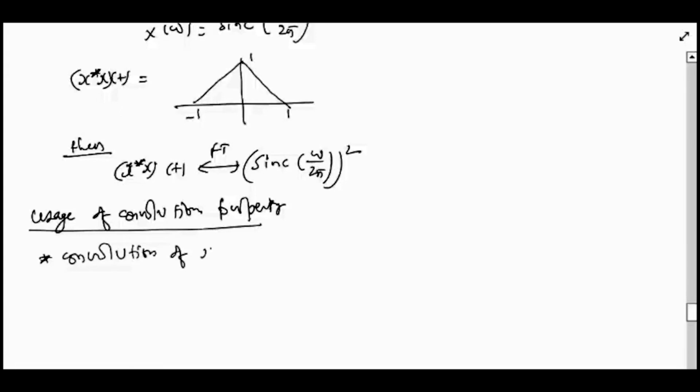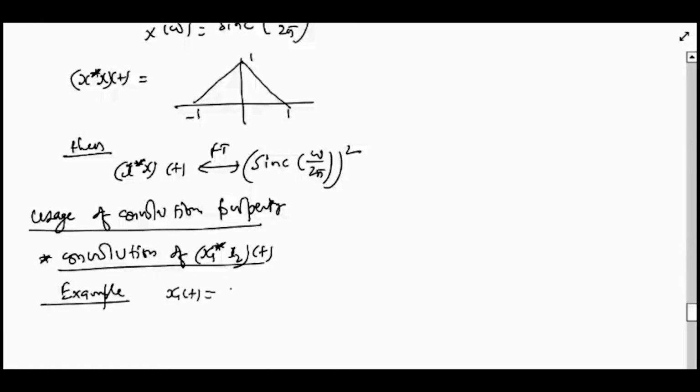Suppose I have two signals x1(t) and x2(t), I can use this property to compute x1 star x2(t). Not always, but in several interesting problems. So here is an example.